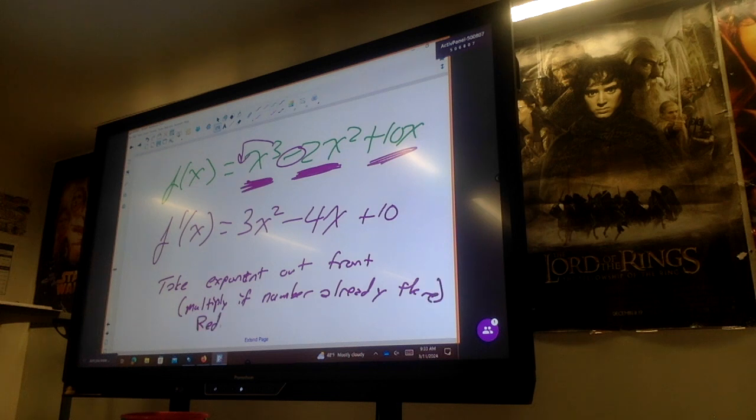Reduce, or subtract 1 from the exponent. Pretty simple terms. All right, let's see if we can walk through this.